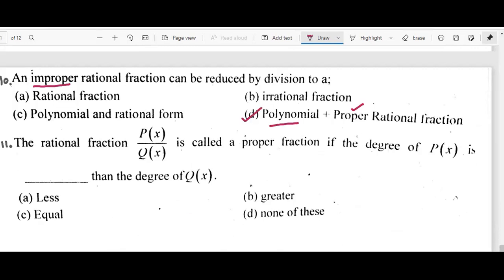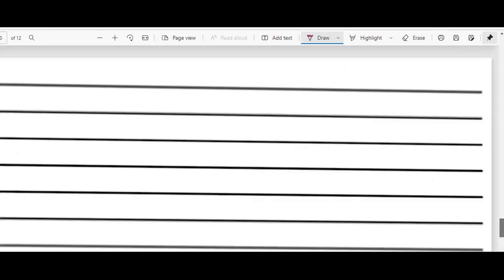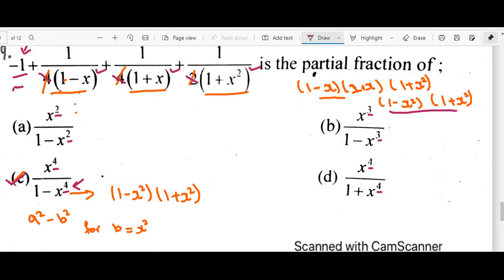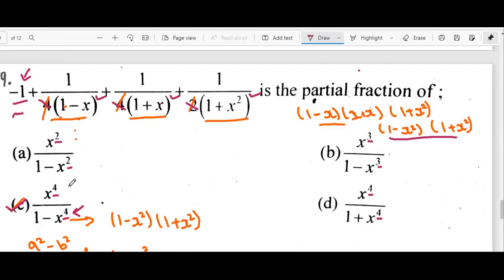I'll give you a quick example from here. Just like this question right here, initially we had this, okay? But since it is improper, we need to use long division in order to make it proper. So we get this polynomial. It doesn't look like a polynomial because we only have the constant term, but it is a polynomial.